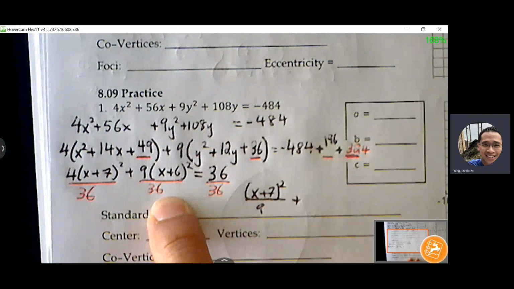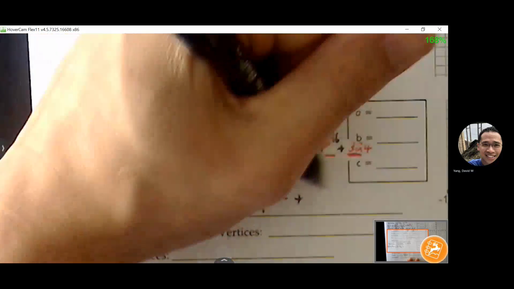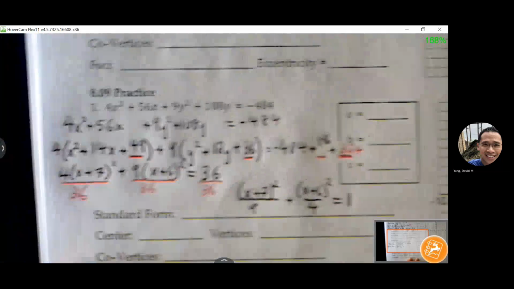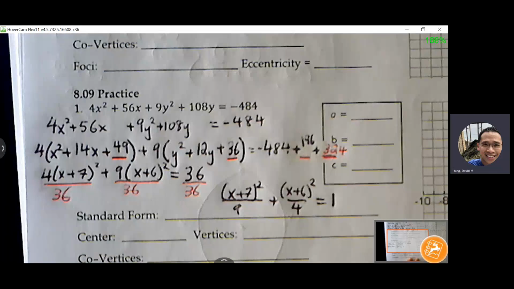Thirty-six and 4, reduce to be a 4. Okay. And then once we're in standard form, then we can go through the process, find the A, the B, the center, the C value, and then plot and graph everything.